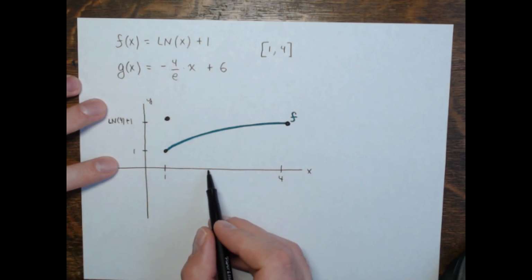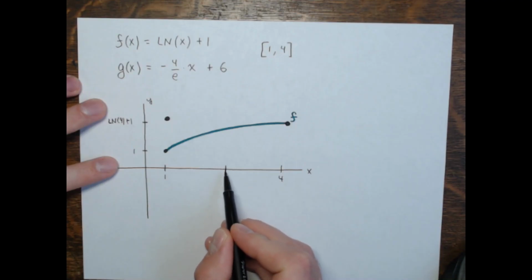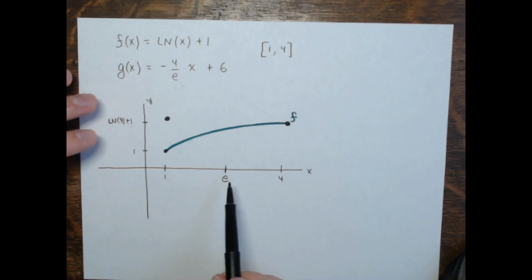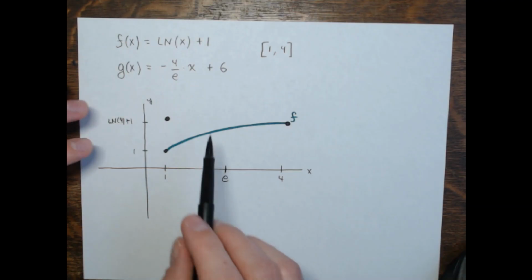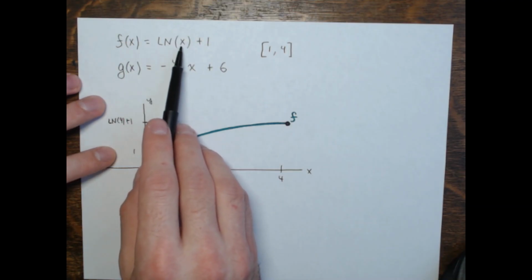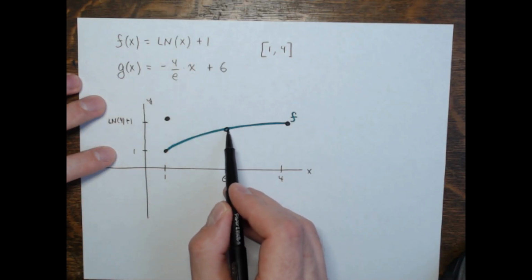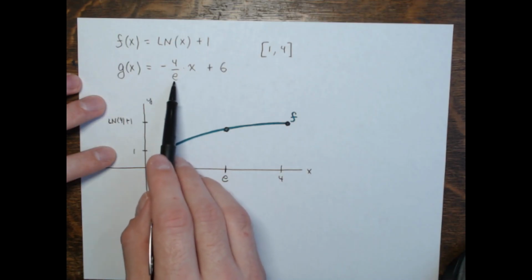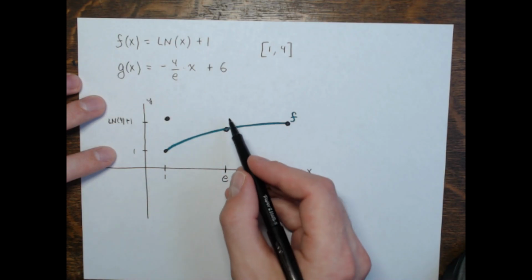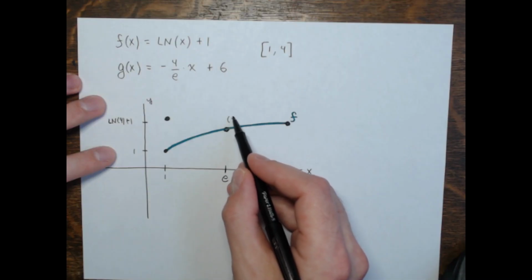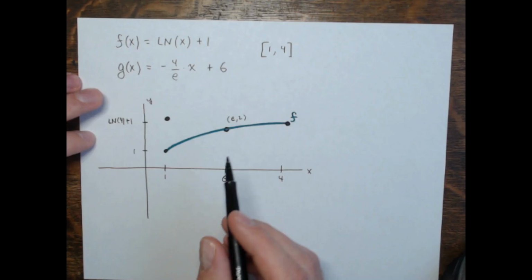Now remember e is about 2.7. All right, so let's say that's here. That's definitely between 1 and 4. When x equals e, natural log of e is 1, 1 plus 1 is 2. And then e over e is canceled. You got negative 4 plus 6 is 2. So they meet at the point (e, 2).